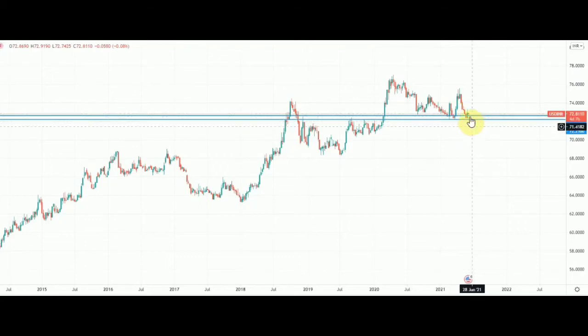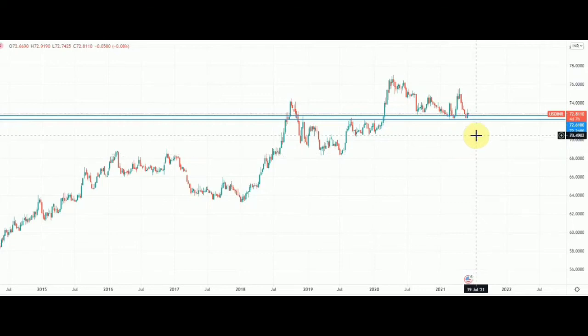So once this level gets breached, expect it to come down further by almost 2 points, so approximately towards 70.5. Clear? And once 70.5 gets breached, expect it to come towards 68.4. But that's a much longer perspective that I am sharing right now.